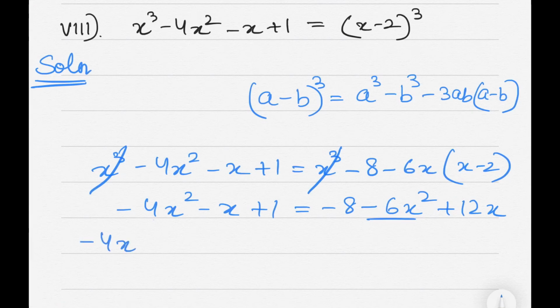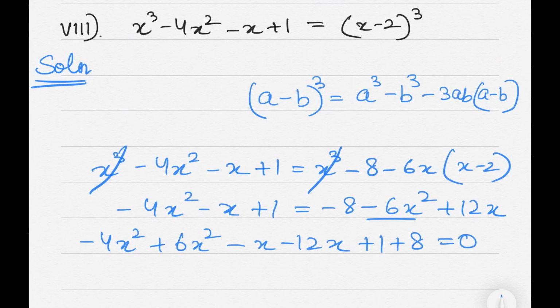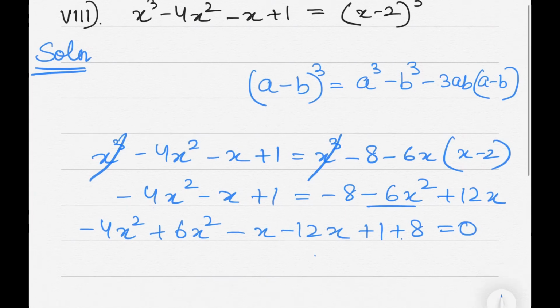So minus 4x square plus 6x square, then I'll take the terms of x, so minus x minus 12x, and this would be plus 1 plus 8 is equal to 0, right? Everything on the left hand side remains the same, and from the right hand side I'm bringing it to this side, so signs will change. So minus 8 became plus 8, minus 6x square became plus 6x square, minus 12x, right?